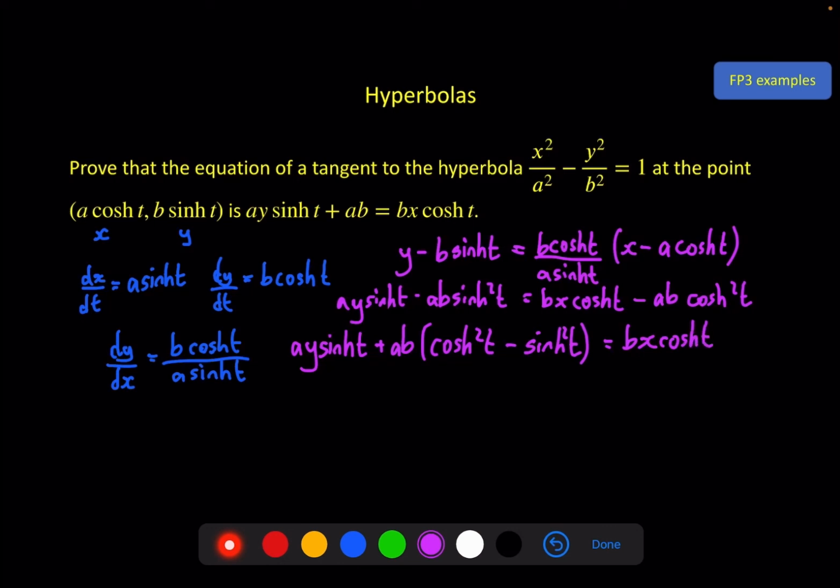Now if you've done this already in a previous chapter, you'll know it, otherwise I put it on the screen near the beginning of the video, that cos squared t minus sin squared t is equal to 1. So that gives us our result directly. And there we go.